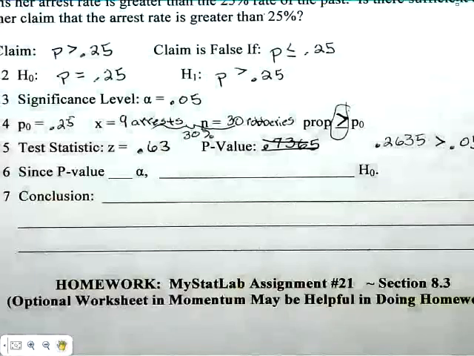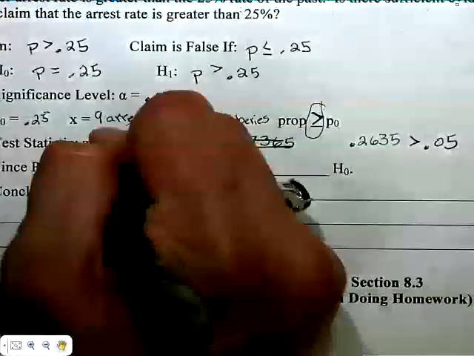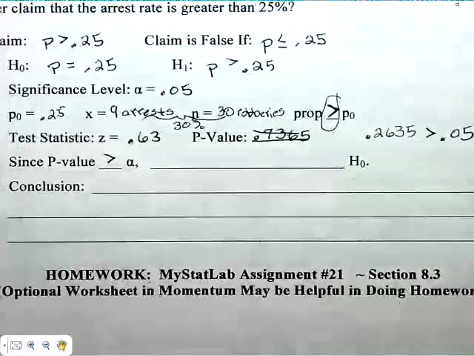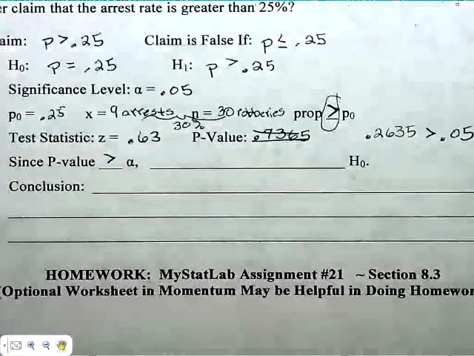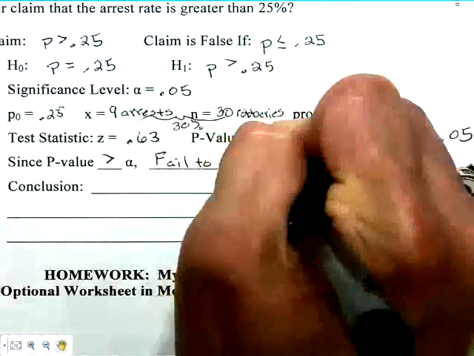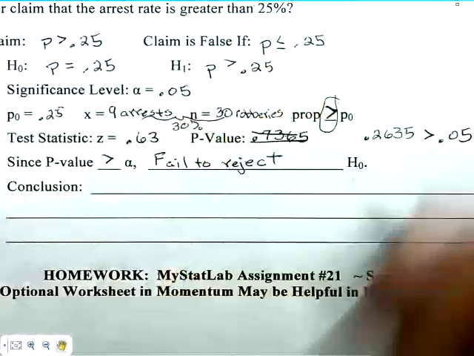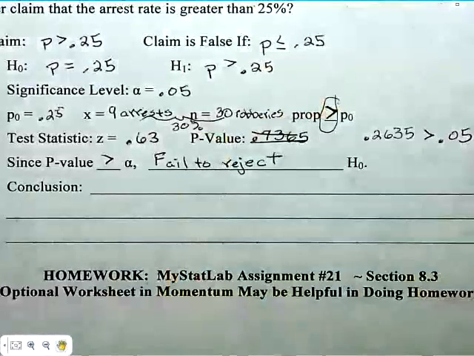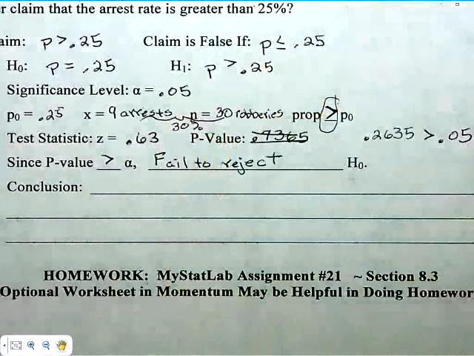And what does that mean? Yeah, fail to reject. You do have to have very clear in your head, P less than alpha means reject, P greater than alpha means fail to reject.